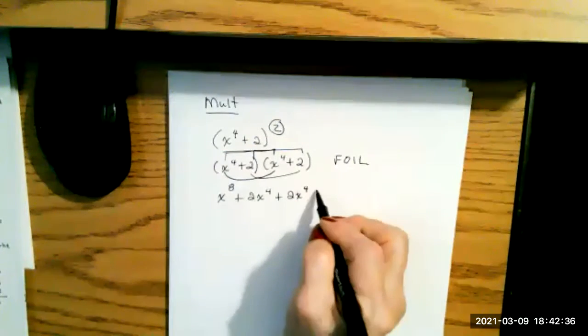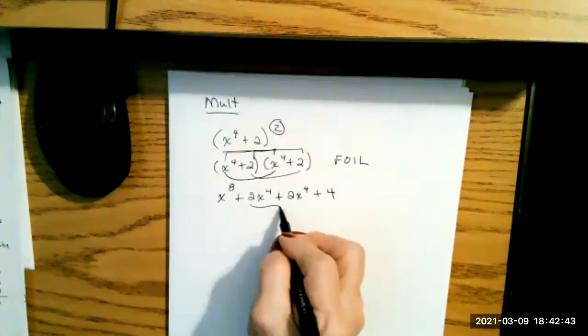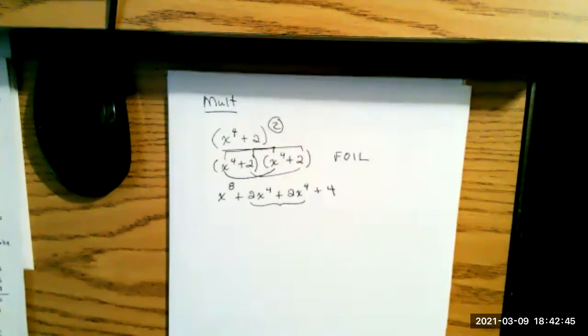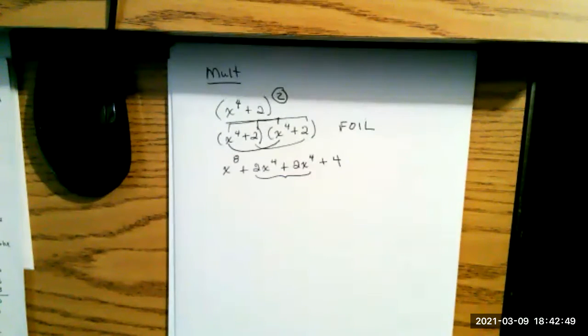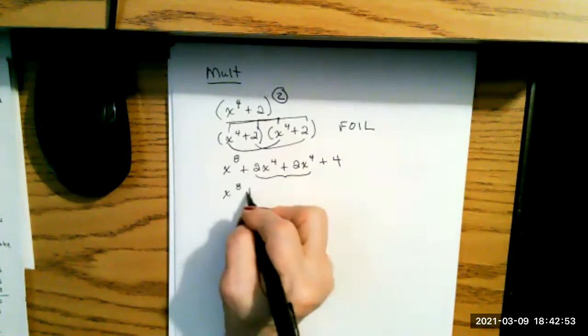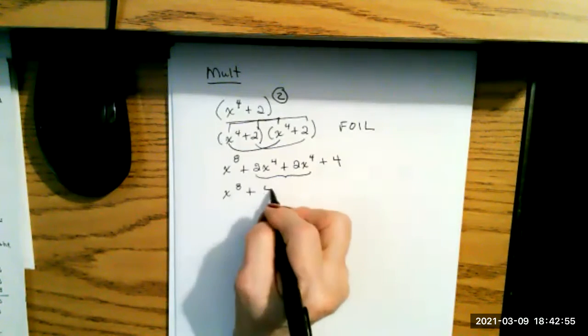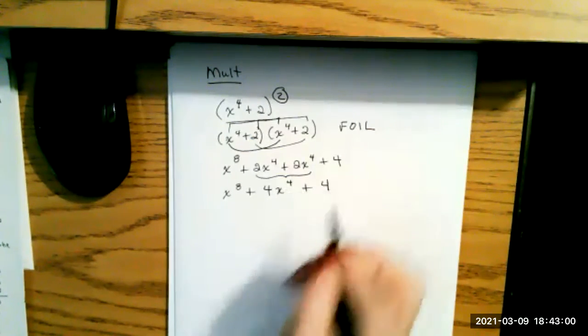And the last one's going to be 2 times 2, which is 4. And don't leave it like that because these two in the middle are like terms, so you'll want to combine them. So you have x to the 8th plus 2 and 2 is 4x to the 4th plus 4.